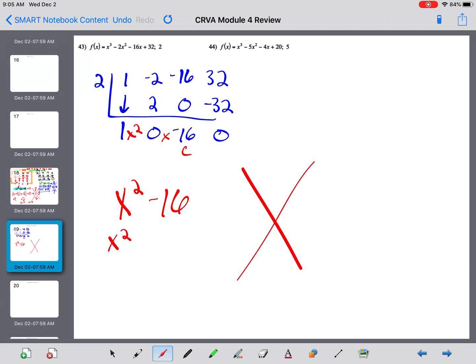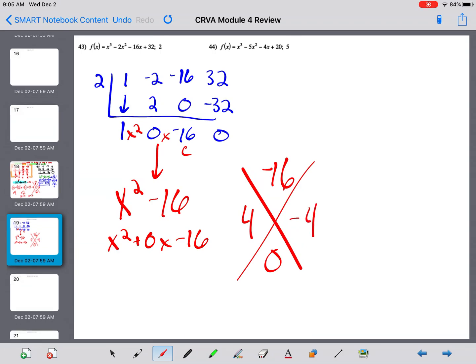Another way to write this is x squared plus 0x minus 16. We have 0 x's, as you actually see right there. So we're trying to multiply to negative 16 and add to 0. Well, if we add to 0, it means the two numbers need to be exact opposites. So positive 4 and negative 4 multiply to negative 16, but they add to 0.